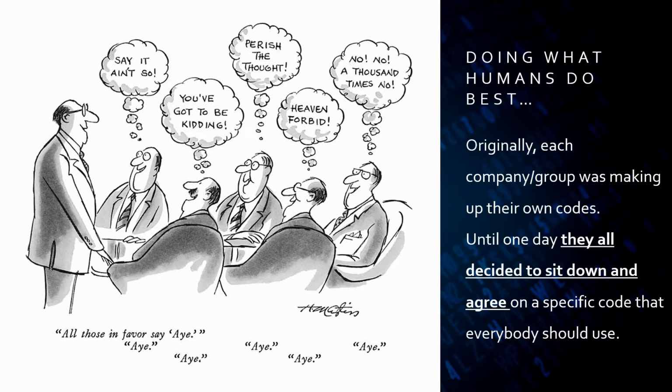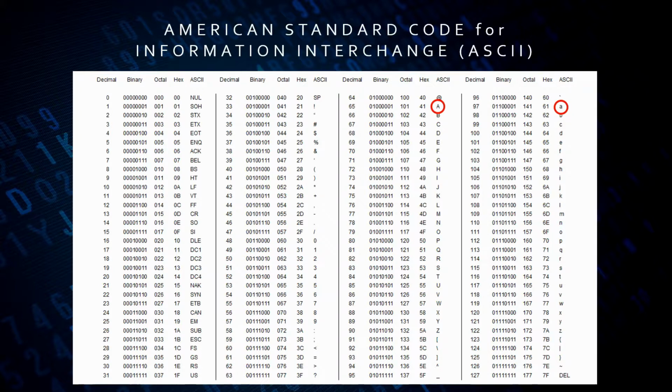And so one day they all just decided to sit down and agree on a specific code that everybody should use. I have no knowledge or idea of what these meetings involved, how long they were, how excruciatingly painful or boring they could have been, how many people left these meetings angry, probably a lot. But eventually they did reach an agreement, and so was born the American Standard Code for Information Interchange.